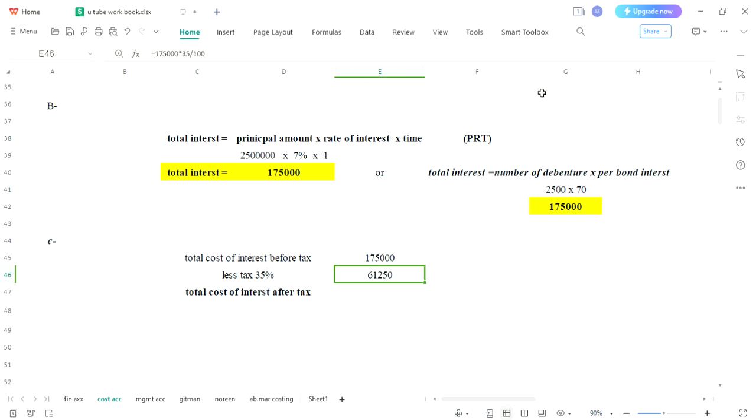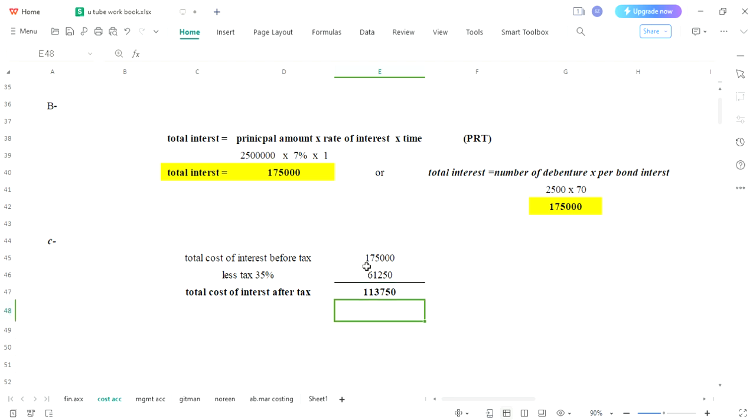This is your amount of tax which you have calculated, and finally you will see how much the cost of this bond is. Simply, total cost of interest after tax, you will subtract the amount of tax from the previous cost: 1,75,000 before tax cost, and you will subtract 61250 as your amount of tax.